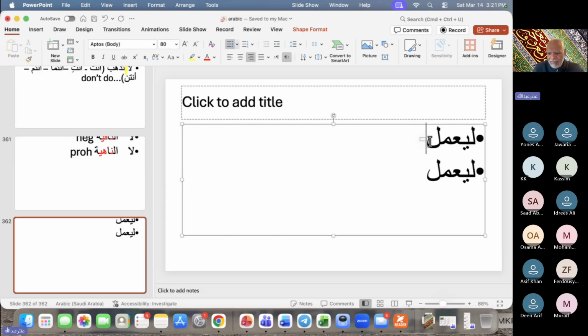So if you have ليعمل with a sukun, then this is مجزوم. ليعمل with a fatha, then this is mansub. And this lam will have a different meaning. The second lam is two. Two, that's right. So that he will do that.